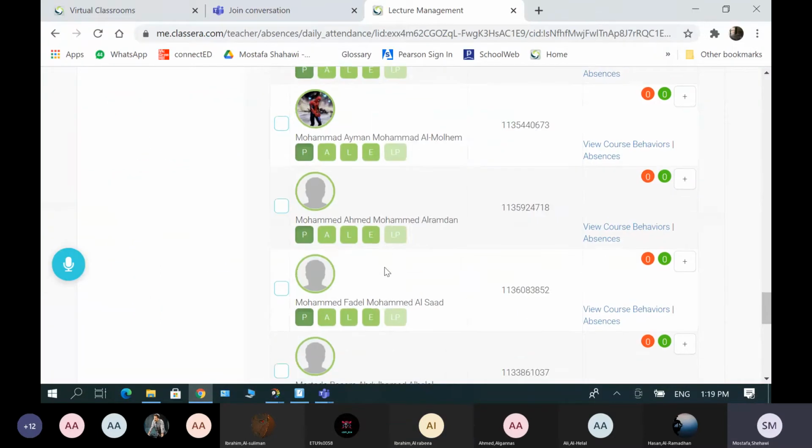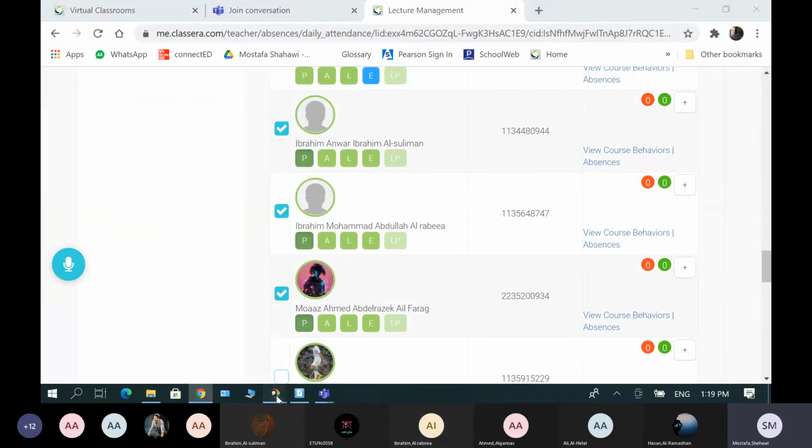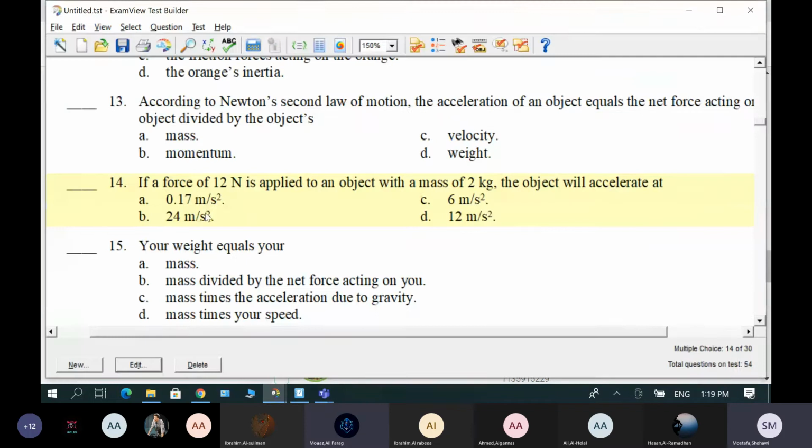Muaz. Yes, Mister. Muaz, would you answer question 14? If a force of 12 Newtons is applied to an object with a mass of 2 kilograms, the object will accelerate at 24 meters per second squared? So you have to divide force by mass to get acceleration.